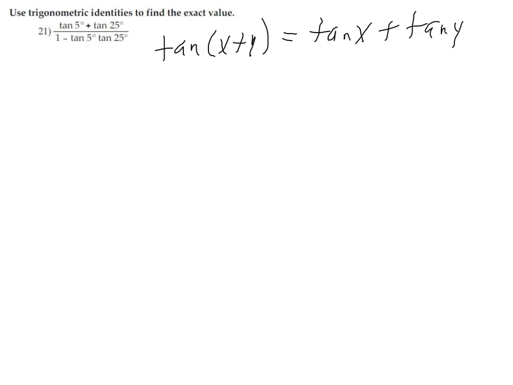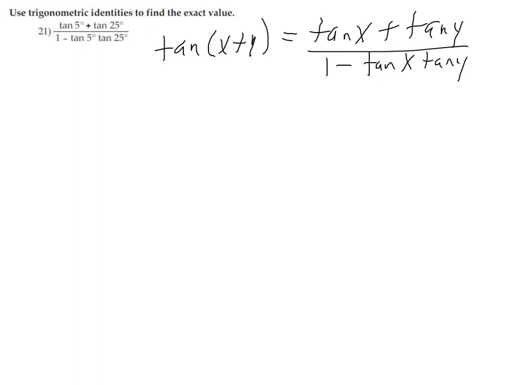Alright, this trigonometric identity, I don't know tangent 5, so I can't evaluate these, but I do recognize this is the sum angle for tangent. So we just went over this in the last problem. We know that tangent of x plus y equals tangent x plus tangent y divided by 1 minus tangent x tangent y.